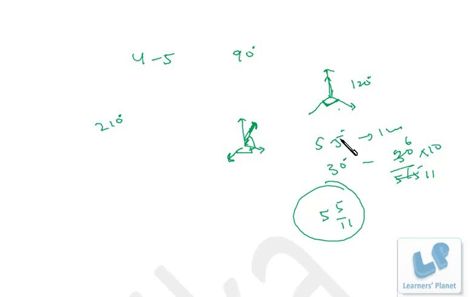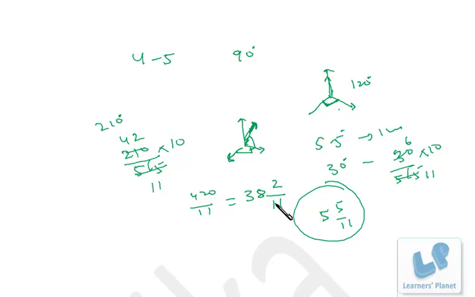Now 5.5 degrees in 1 minute, so 210 degrees is 210 by 5.5. So 420 by 11, that is 38 2 by 11.